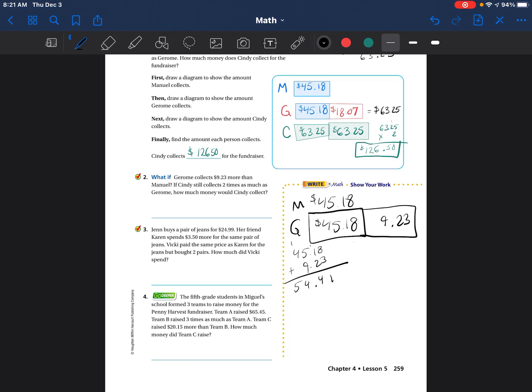So that means Jerome would have a total of 54.41, which means Cindy here would have 54.41 times 2. So that would be $108.82.